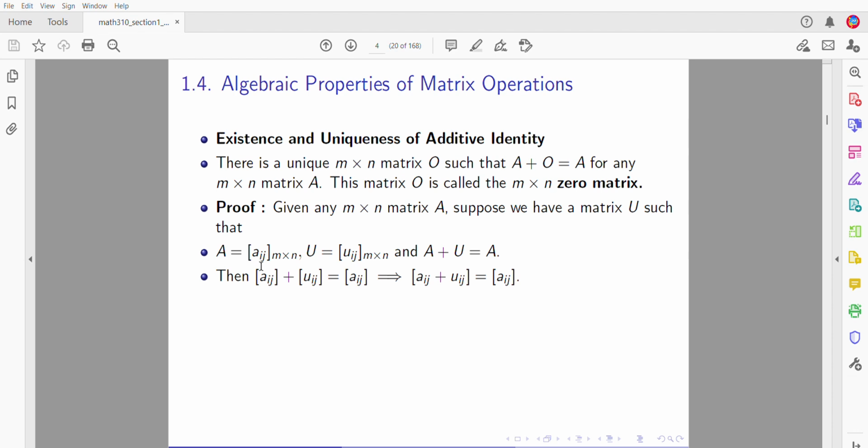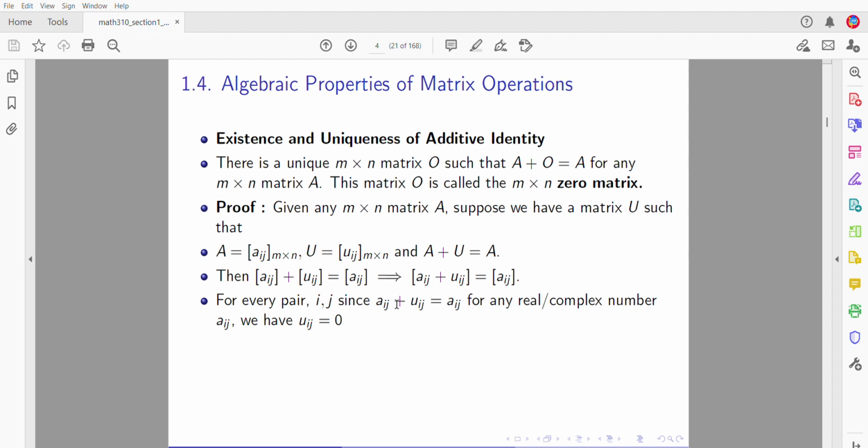Matrix Aij plus matrix Uij is matrix Aij. What does that mean? For every pair ij, Aij plus Uij is Aij. And this has to happen for any Aij because that's what we are saying. Any matrix m by n, so any Aij.